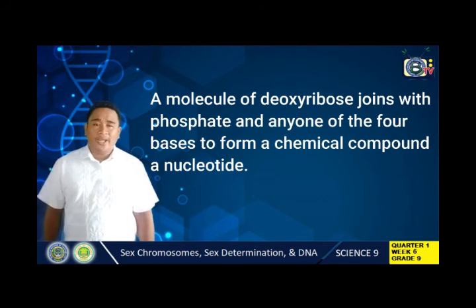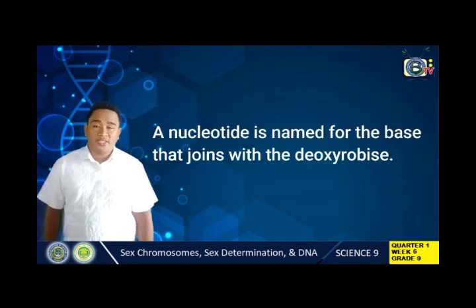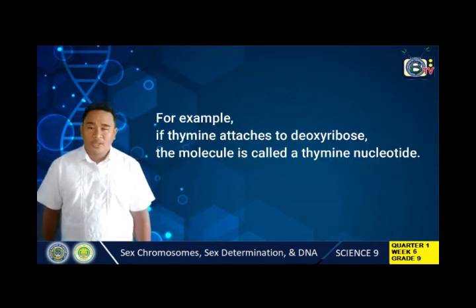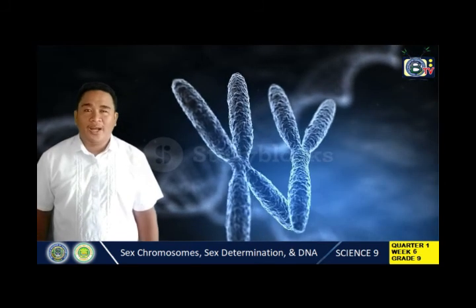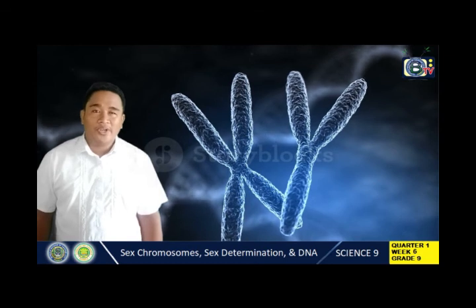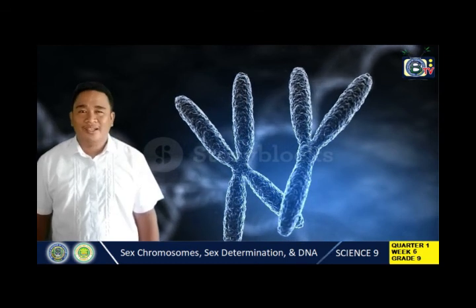A nucleotide is named for the base that joins with the deoxyribose. For example, if thymine attaches to a deoxyribose, the molecule is called a thymine nucleotide. Okay? So I hope that you do understand our short discussion.